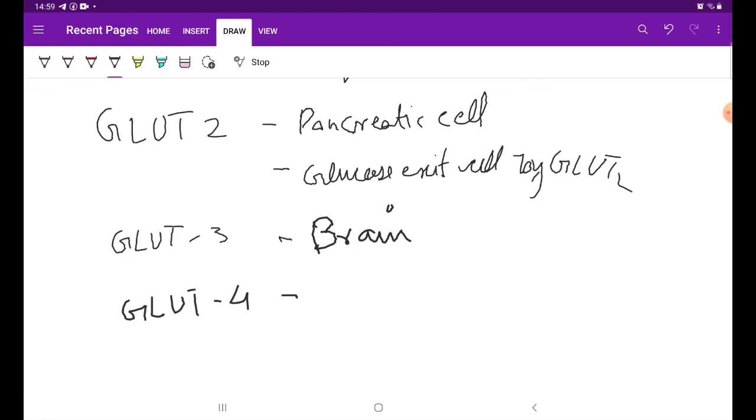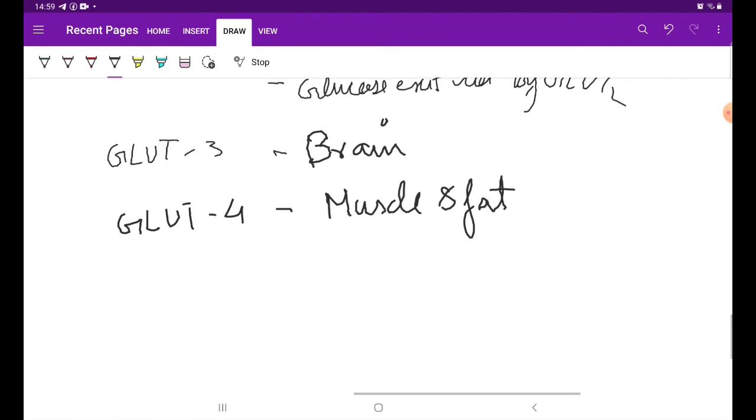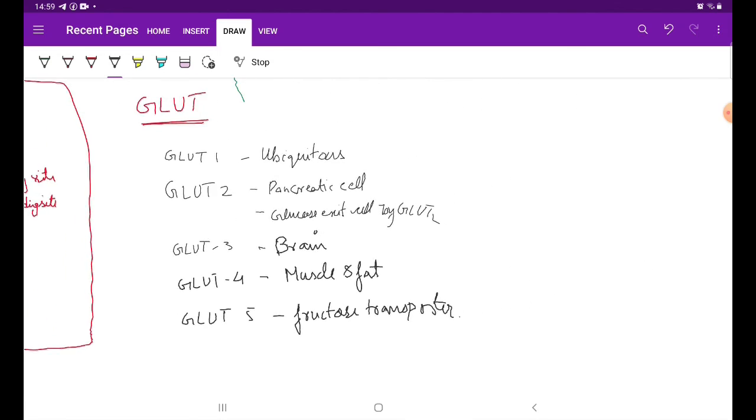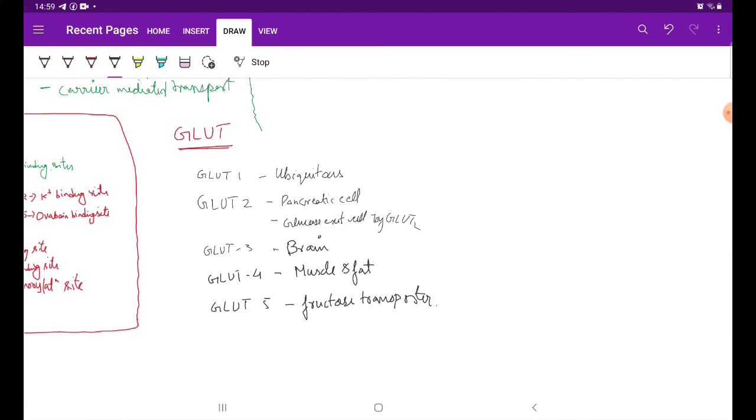It is an insulin dependent glucose transporter, present basically in muscle and fat. Okay, and GLUT5 is basically the fructose transporter. So these are the things which you have to just note down and keep an eye on.